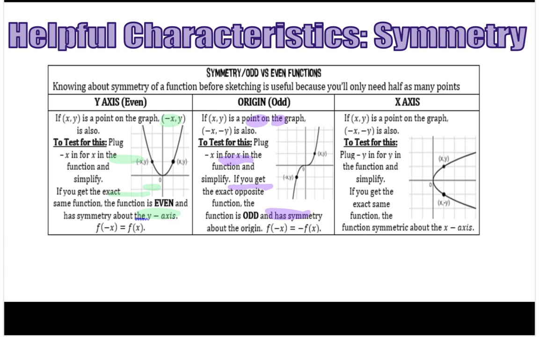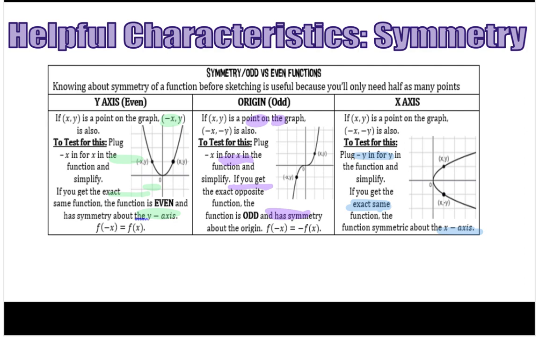Lastly, some functions such as horizontal parabolas and occasionally circles could have symmetry about the x-axis. To test for this, we're going to swap y with negative y. We're going to plug that in, and if we get the exact same function, then we have a function that is symmetric about the x-axis.